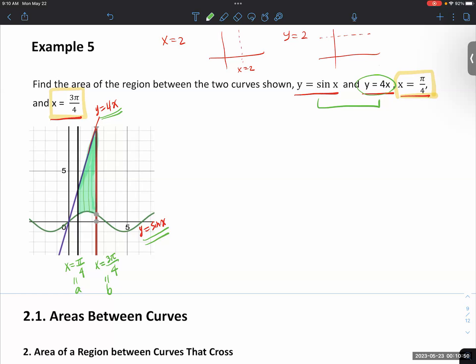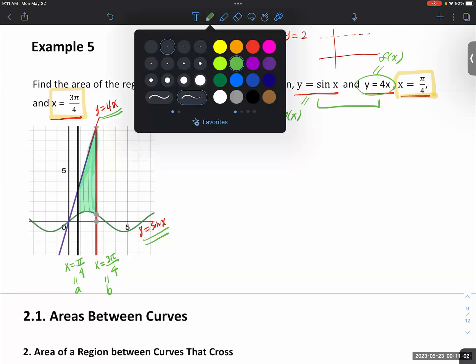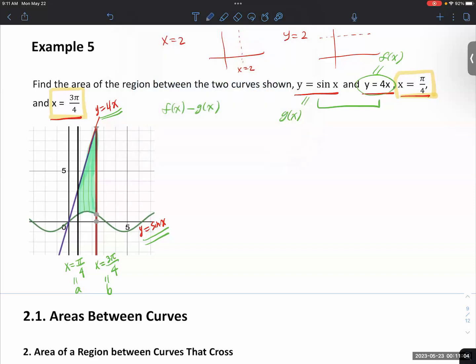So we know that is going to be your f of x, and this is going to be your g of x. So let's set up that equation. We check f of x minus g of x. So we know which one is f. Therefore, from pi over 4 to 3 pi over 4.